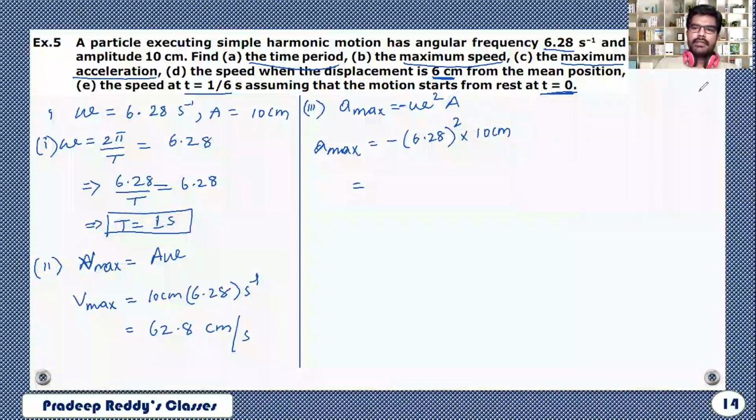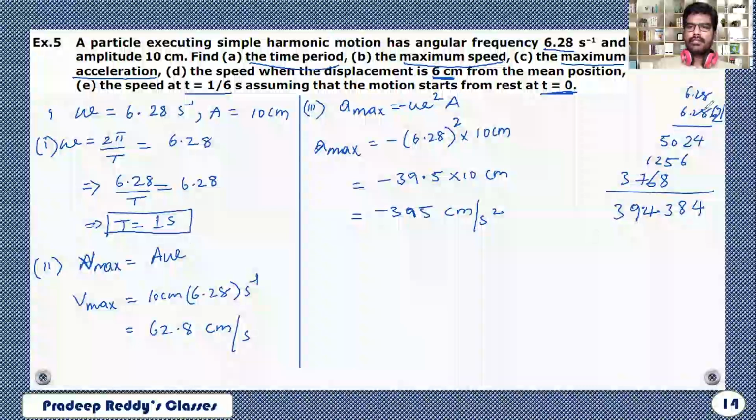This is nearly 6.28 into 6.28. If you calculate 6.28 whole square, it is 39.5 approximately, and into 10 centimeter gives you 395 centimeter per second square. This is the maximum acceleration of the particle.